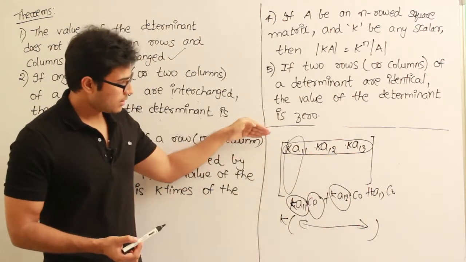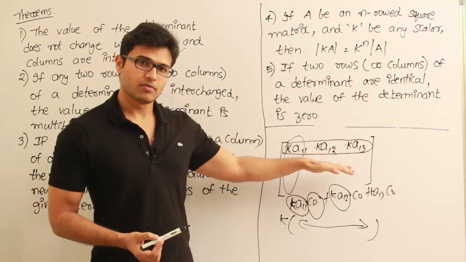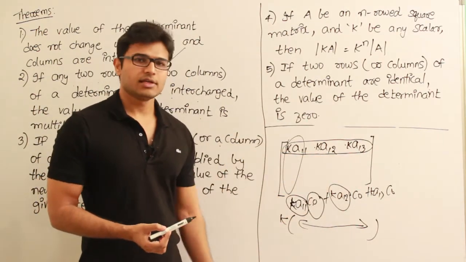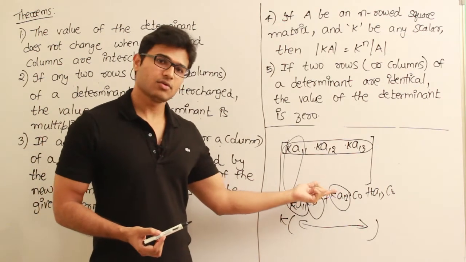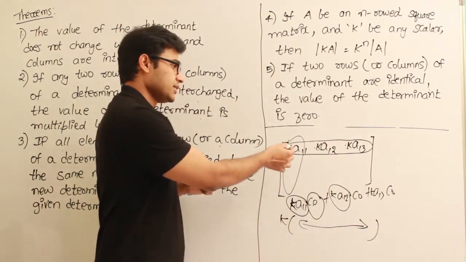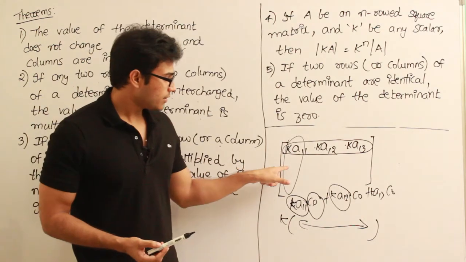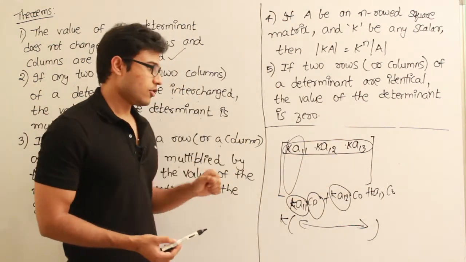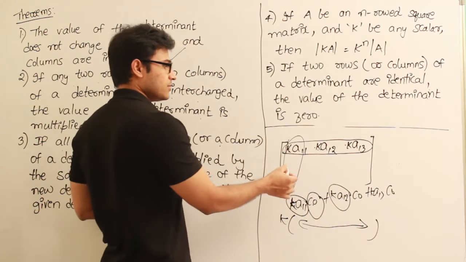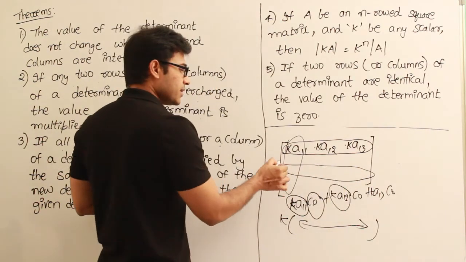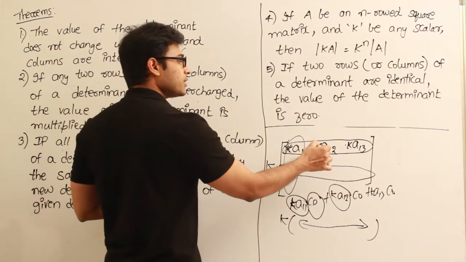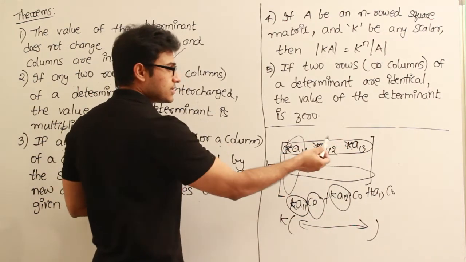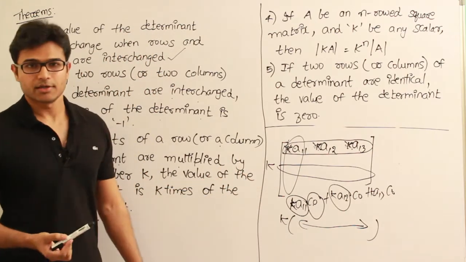You can multiply across any row, and you can see that when you expand it across that row, you will get it. Even if you don't expand it across that row, the cofactors will change. Let us say some other row is multiplied by k, not this one. Then the cofactors of these will change in such a way that the determinant is going to be multiplied with k.